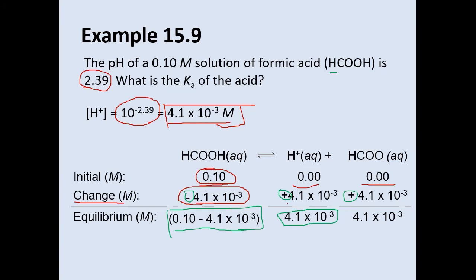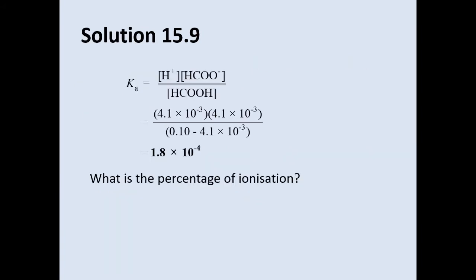Now we can construct the Ka equation. That means this concentration times this concentration over this concentration: hydrogen ion times formate ion over the formic acid equilibrium concentration of the solution.